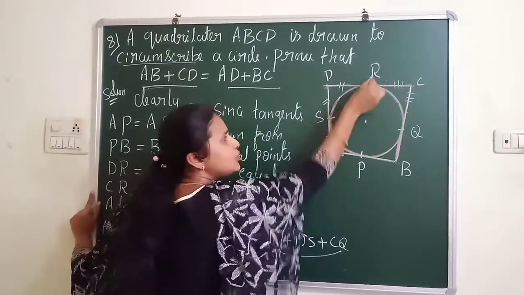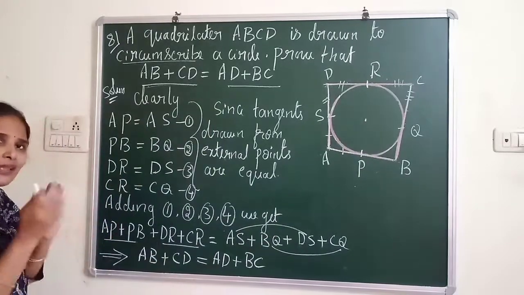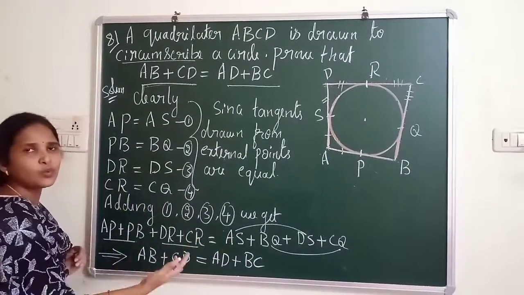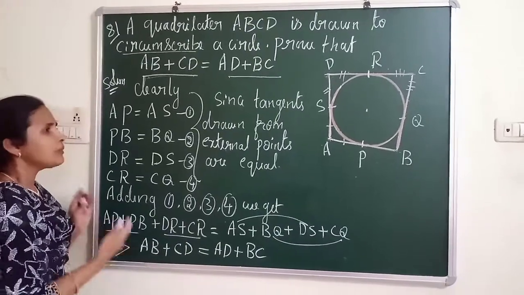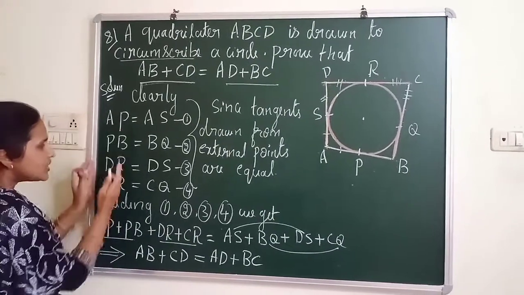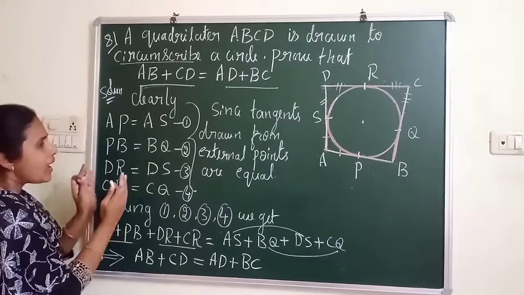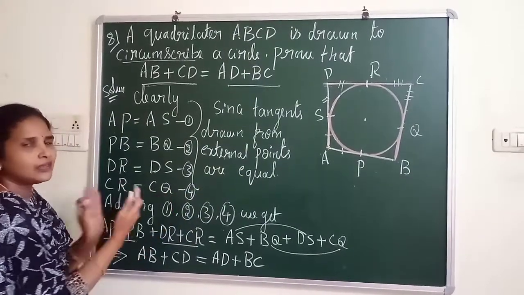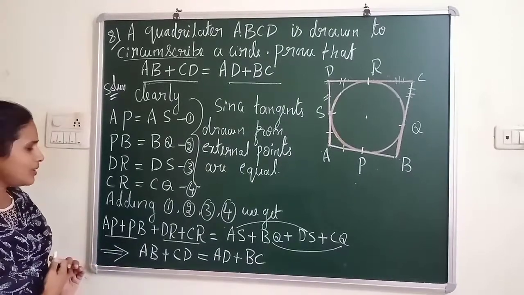So you have to write in that way only. Otherwise you have to reverse to add and get the answer. So better to write parts of opposite sides on one side, and parts of the other two opposite sides on the other side. Then when you add, it will be easy to get the answer.